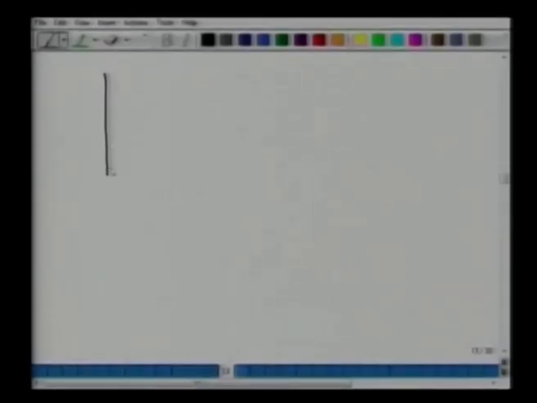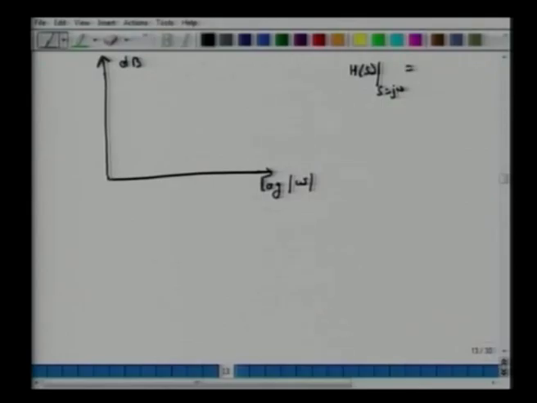So, I will plot these. My vertical axis, as I had said, is on a decibel scale. My horizontal axis is on a log scale. So, I am plotting log omega on the horizontal scale. On the vertical scale, I am plotting decibels for the transfer function H(s), s equals j omega, equals j omega plus z.